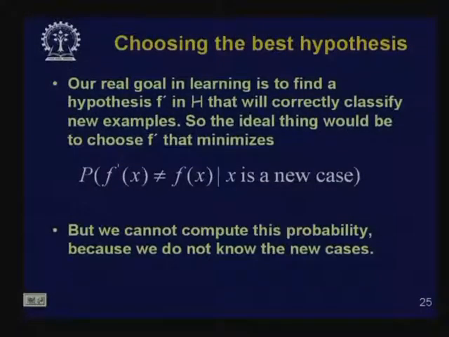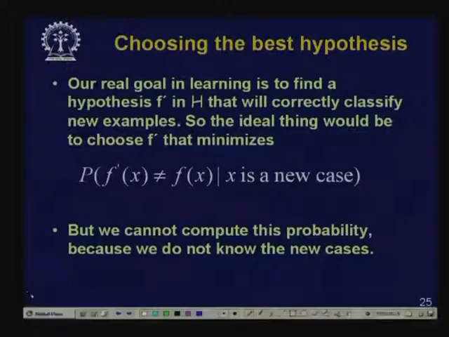Now, let us see what we mean by choosing the best hypothesis. We are given a set of training examples, but our real goal in learning is to find a hypothesis f' belonging to H that will correctly classify new examples, all examples.